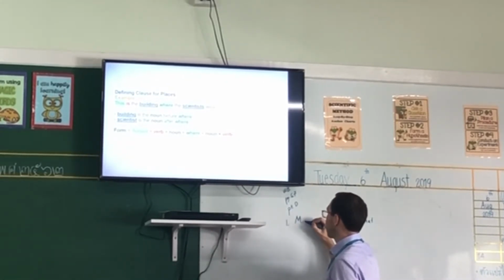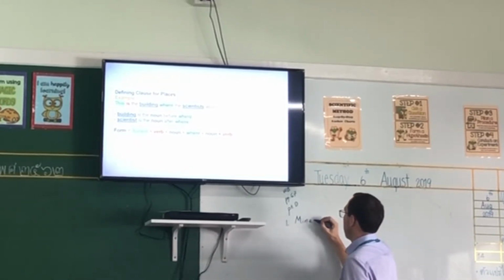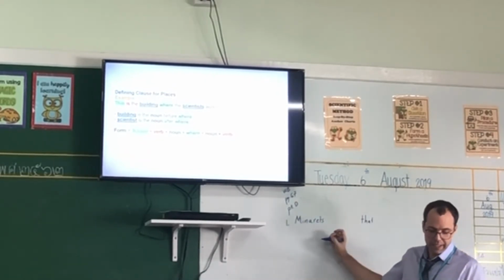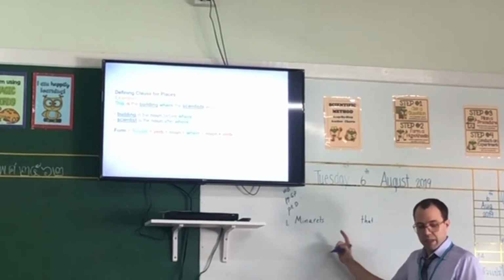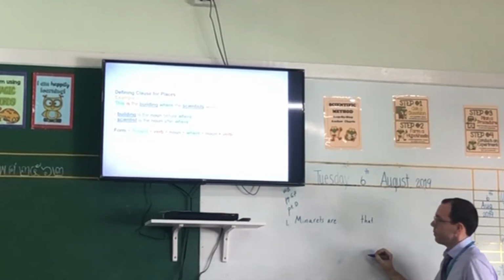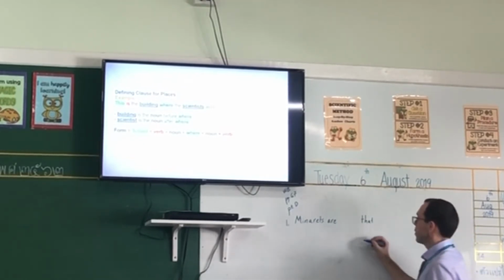This is a name like scientists, right? Remember when we were describing scientists and artists? So minarets, right? It's a plural. So what do you think we would want to use? We need to use a verb, so we have look or are. So we're going to try to describe what they are, right? Minarets are what? Tall structures.